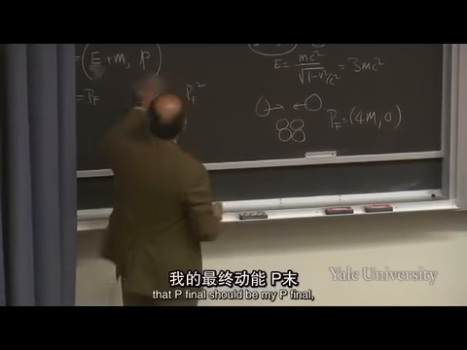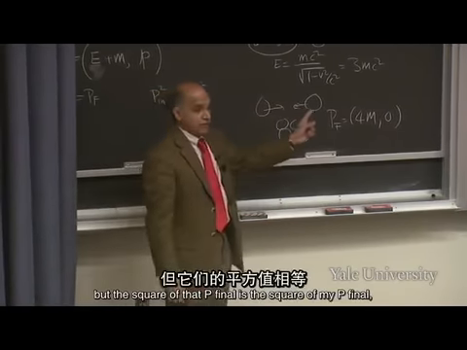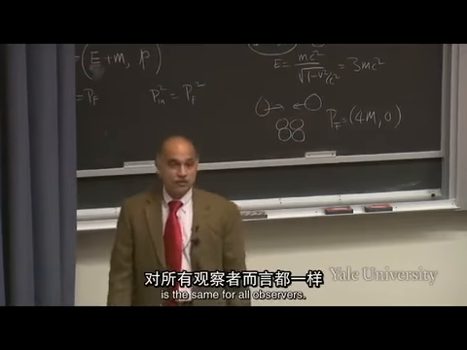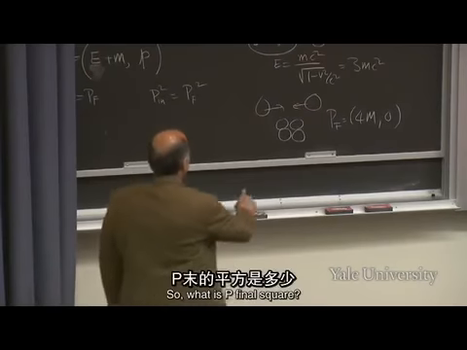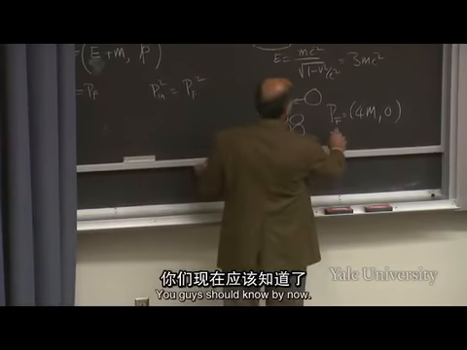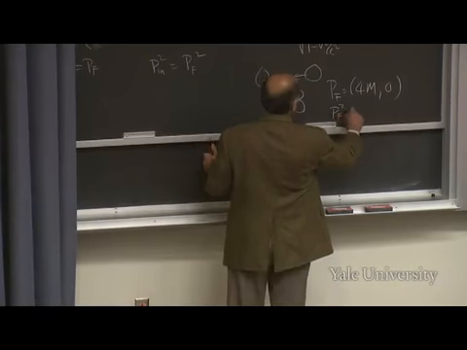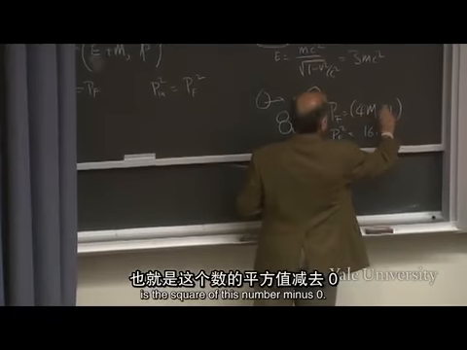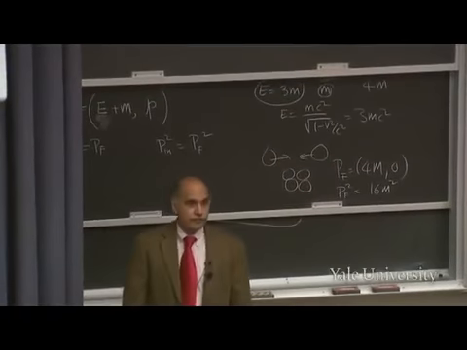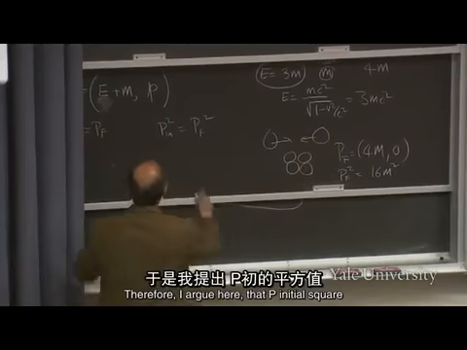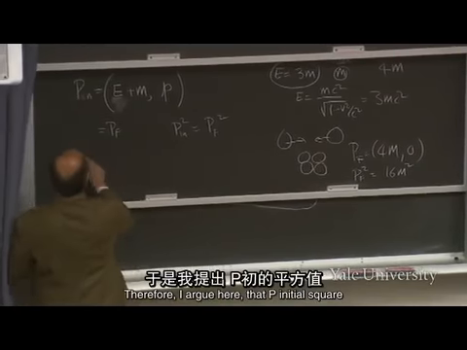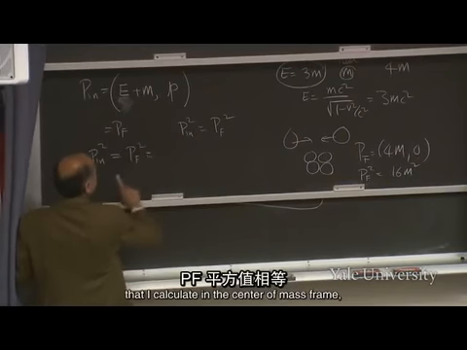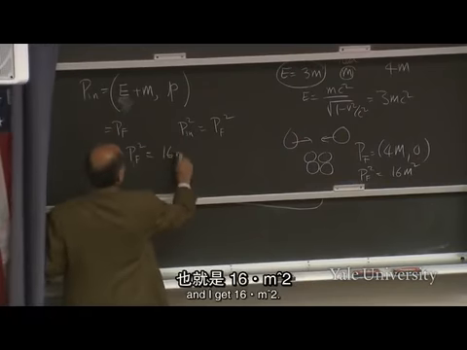No one says that P final should be my P final, but the square of that P final is the square of my P final, because the square of any vector is the same for all observers. So what is P final square? You guys should know by now. This dot product of this vector with itself is the square of this number minus 0. There is nothing here. Therefore, I argue here that P initial square is equal to P final square, that I calculate in the center of mass frame, and I get 16m square.